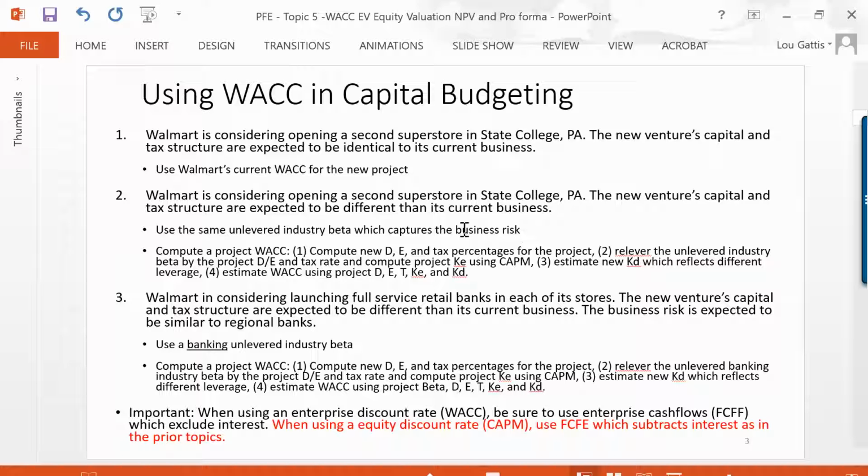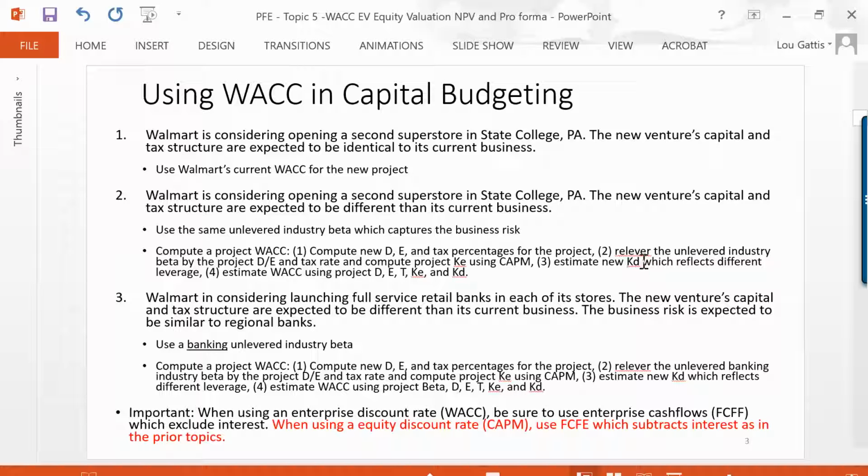So what I would do is take my unlevered beta, in other words, the risk of that business without any debt, and re-lever it based on this new project's D/E and tax rate. I'll then calculate the cost of equity and use that in my WACC. In addition, if you're going to use, say, more debt in financing this new project, there may also be an impact on the cost of debt.